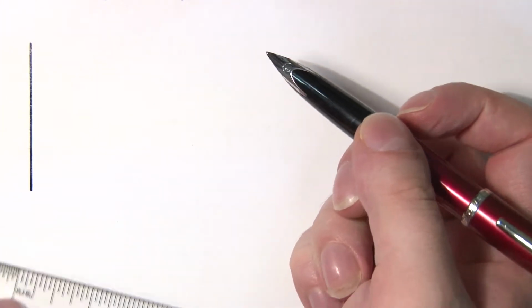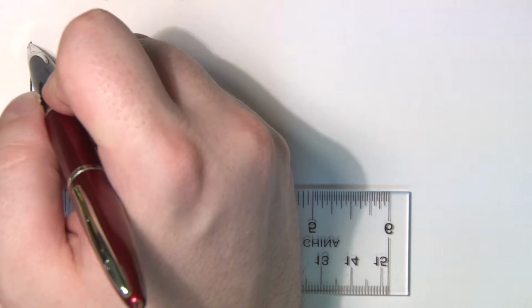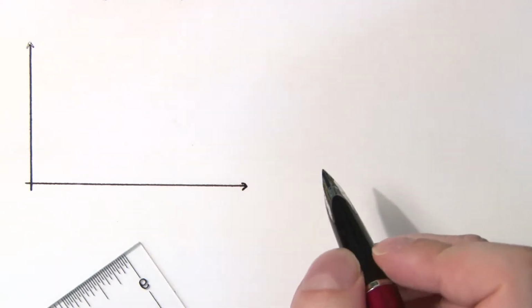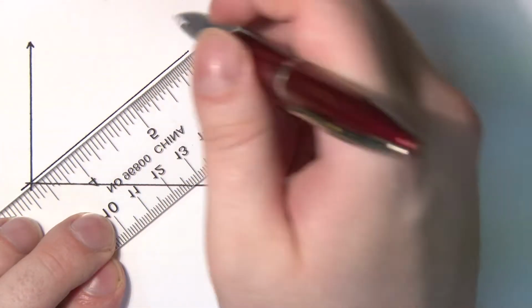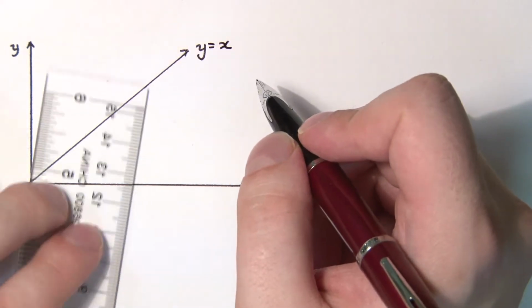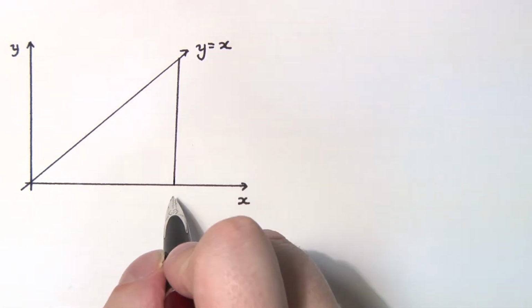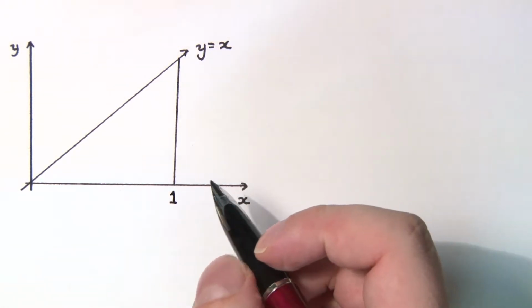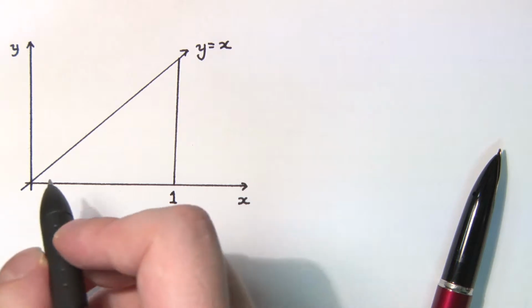Okay, so what we are going to do is, we're going to split this up into, say, n many rectangles.